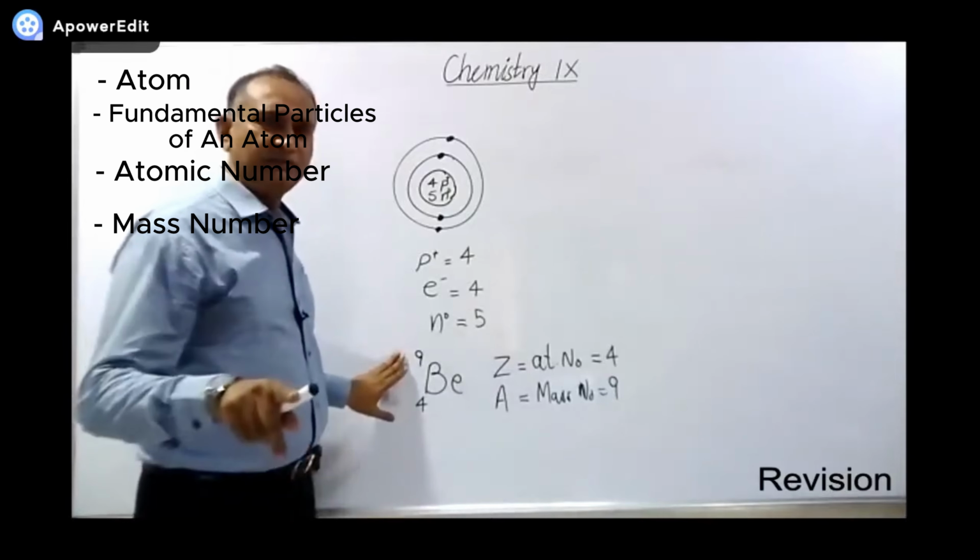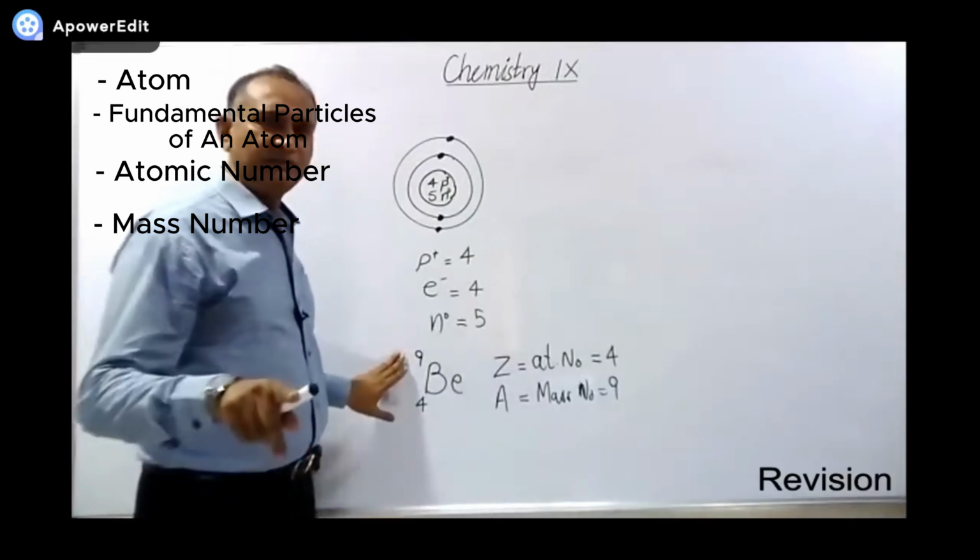One thing. Second thing, can you see a charge over here? It's written, look at the book. It's written like this. Is there any charge? No. Why? Because here the protons and electrons are equal. We have 4 protons here and 4 electrons here. It means this is electrically neutral, carrying no charge.